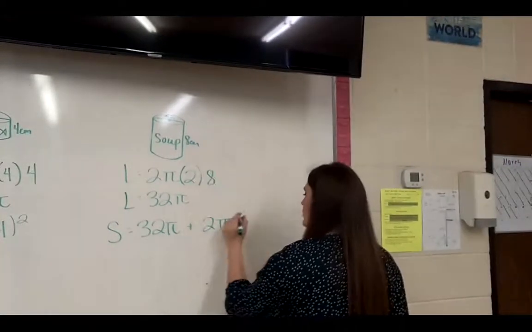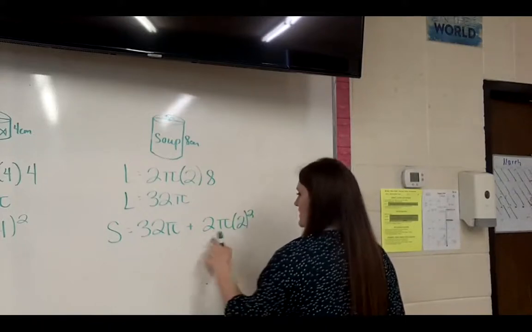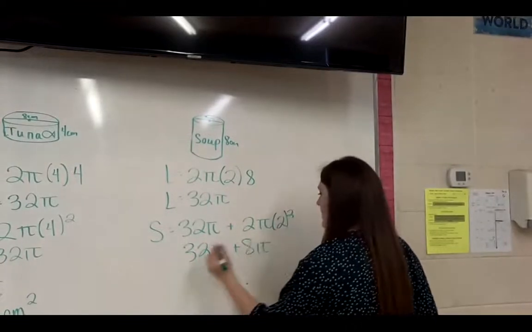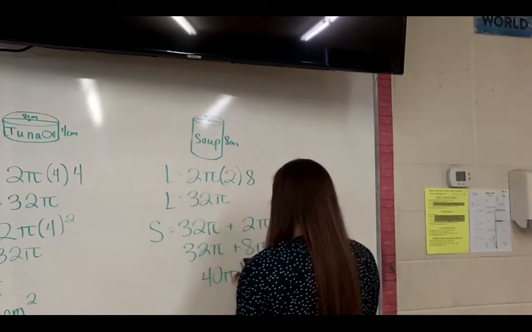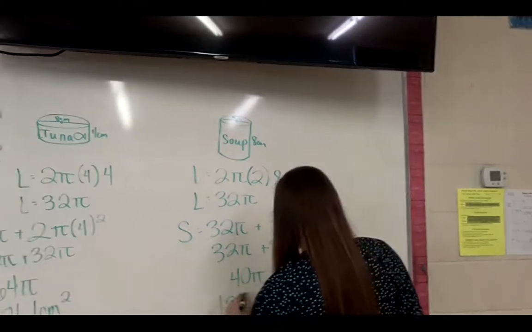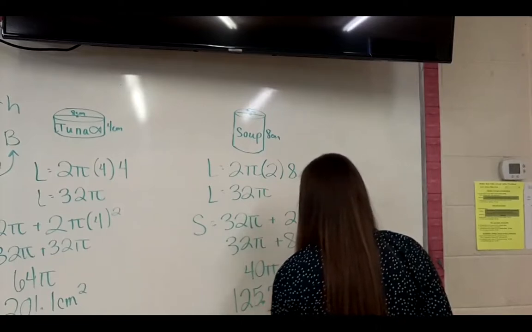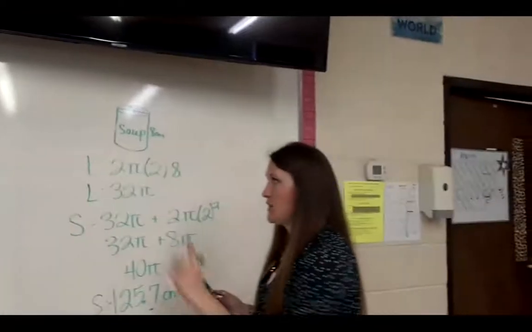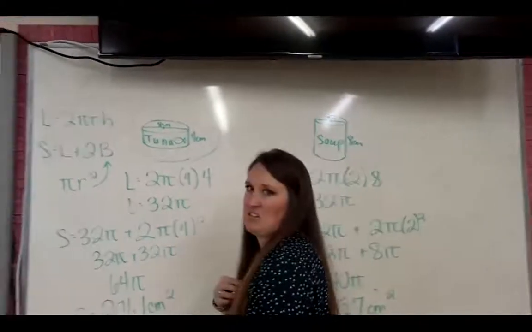R was 2. 2 squared is 4. 4 times 2 is 8. So 32 pi plus 8 pi comes out to 40 pi, which is 125.7 surface area. So the one that had a greater surface area would be the can of tuna.